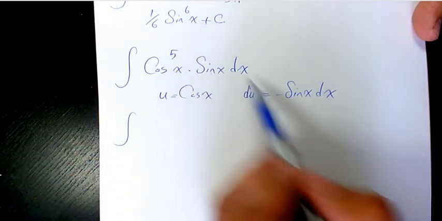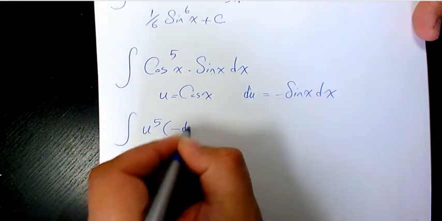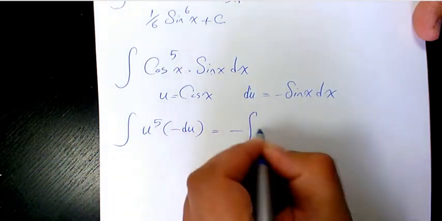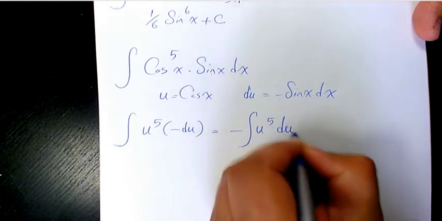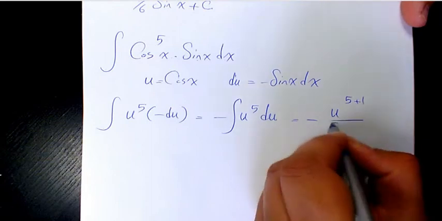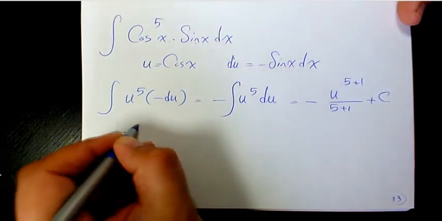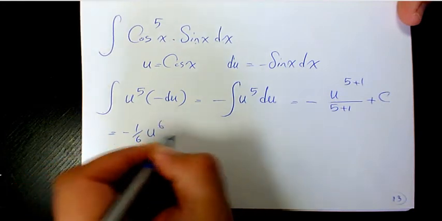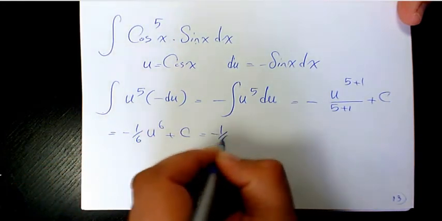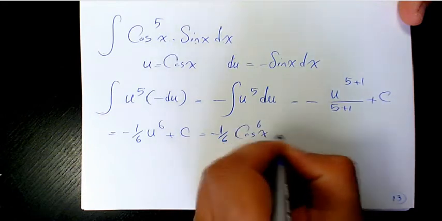We have sine x dx, so it's negative du, so it's going to be u to the power 5 times negative du. It's going to be negative u to the power 5 du. That's going to be negative u to the power 5 plus 1 over 5 plus 1, plus c. So we have negative 1 over 6 u to the power of 6 plus c. Negative 1 over 6 cosine to the power of 6 x plus c.